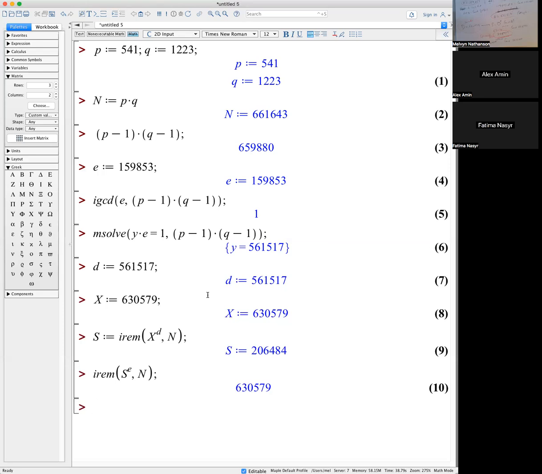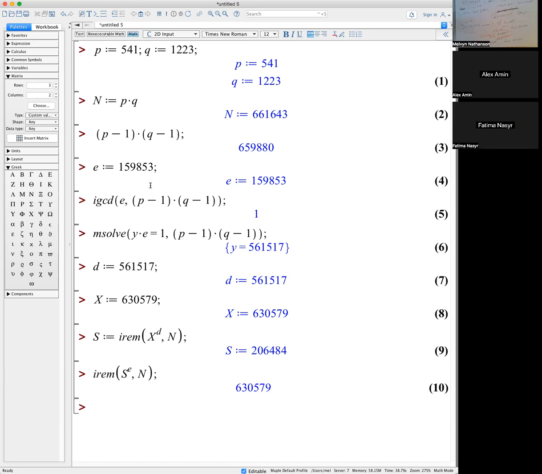So she has to encode her message in such a way that no one else can encode it, and everyone knows that that's her message. So she chooses P and Q, multiplies them to get N. She finds a number E that's relatively prime to P minus 1, Q minus 1. In that case, that's 159,853. So what she makes public are the numbers capital N and E.